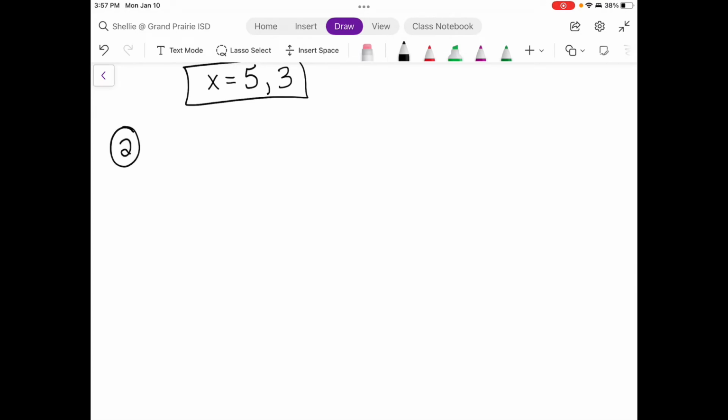Let's say we have x squared plus 16x minus 21 equals negative 5. All right. So the first thing I want to do is I want all of my constants on the right. Clearly they're not. This negative 21 is not in the correct location. So the first thing I'm going to do is add 21 to both sides.